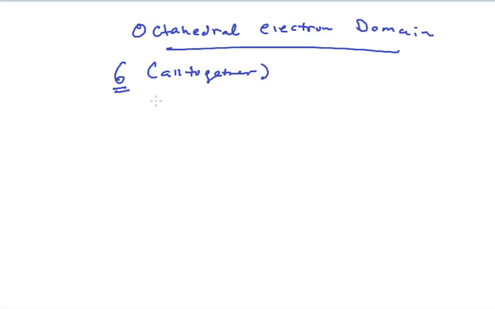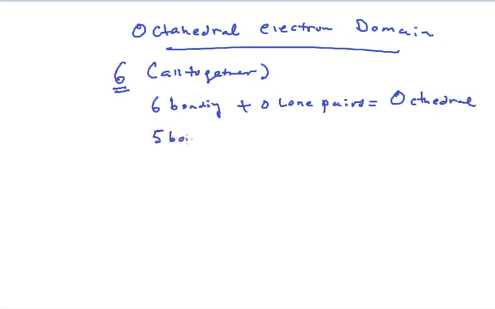Let's say you have 6 bonding pairs and 0 lone pairs, then you come up with the ideal octahedral structure. But in some situations you may come up with 5 bonding pairs and 1 lone pair. You would have a molecular geometry called square pyramidal.